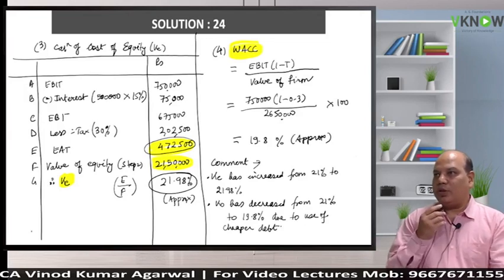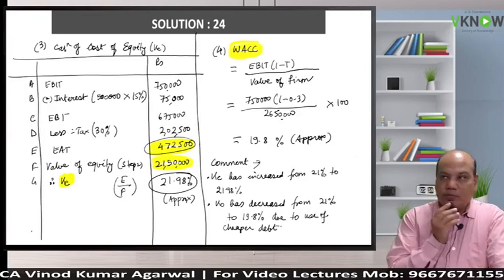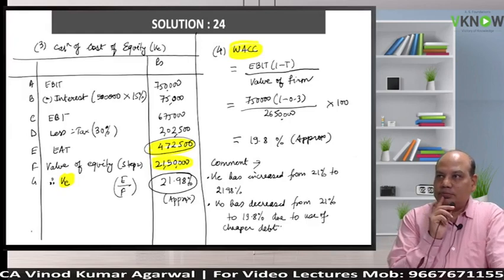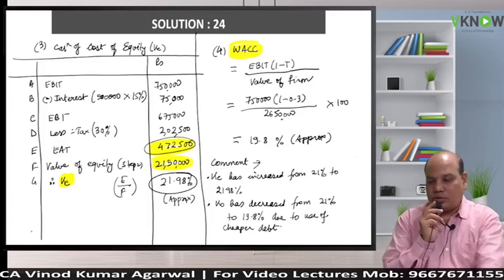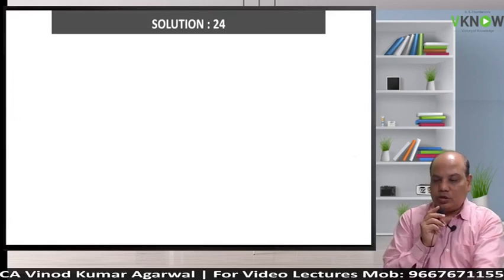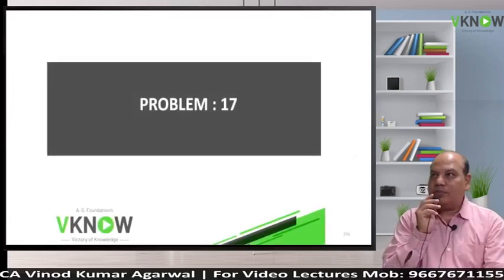Debt is cheaper than equity because debt was available at a 15% rate of interest. So if you increase the proportion of debt, the average will fall. Okay. Any query on any question we have done today?